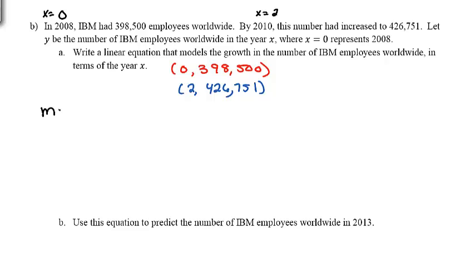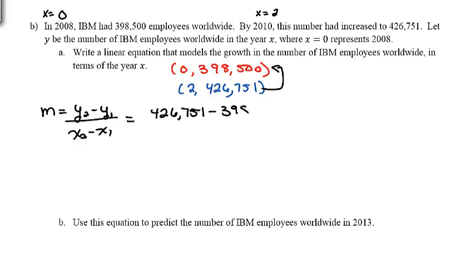The first thing that we need to do is calculate our slope, and that's y2 minus y1 divided by x2 minus x1. So we're going to take 426,751 minus 398,500 and divide that by 2 minus 0.